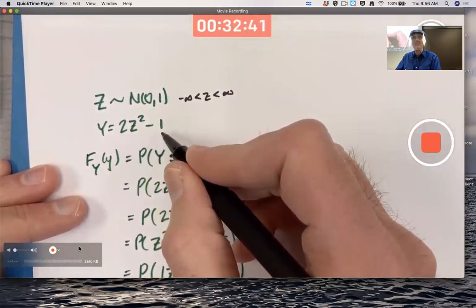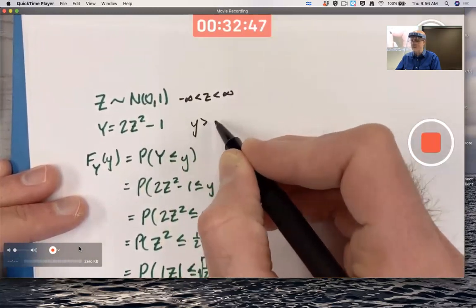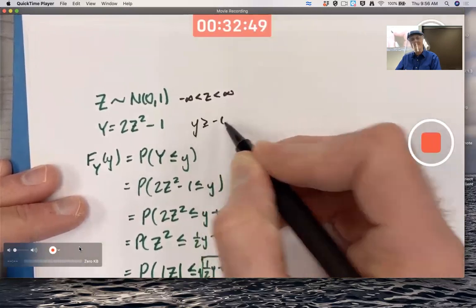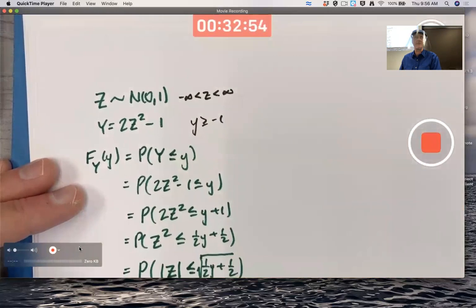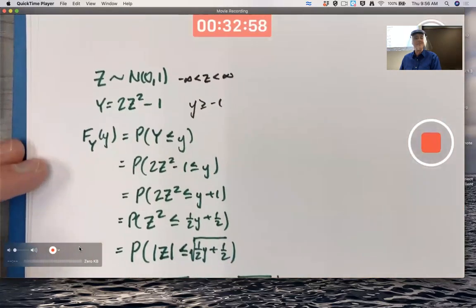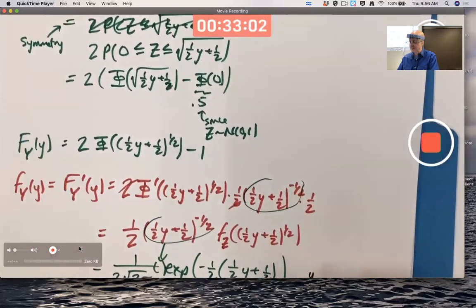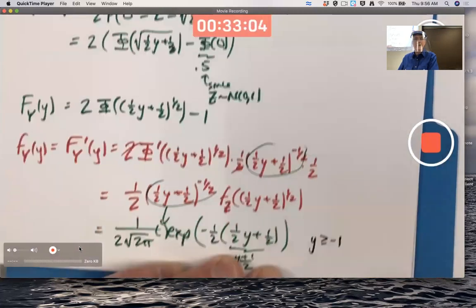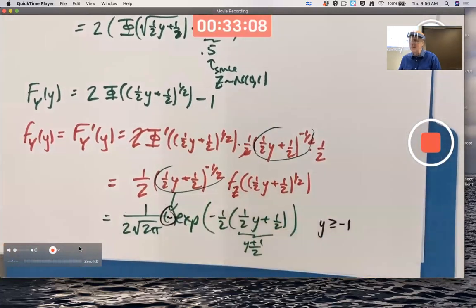Can't get less than -1. Y is greater than -1. It's not a big deal if you put greater than or equal to, or just greater than, because it's a continuous random variable. This is for Y is greater than or equal to -1. Yeah, don't forget this part here.